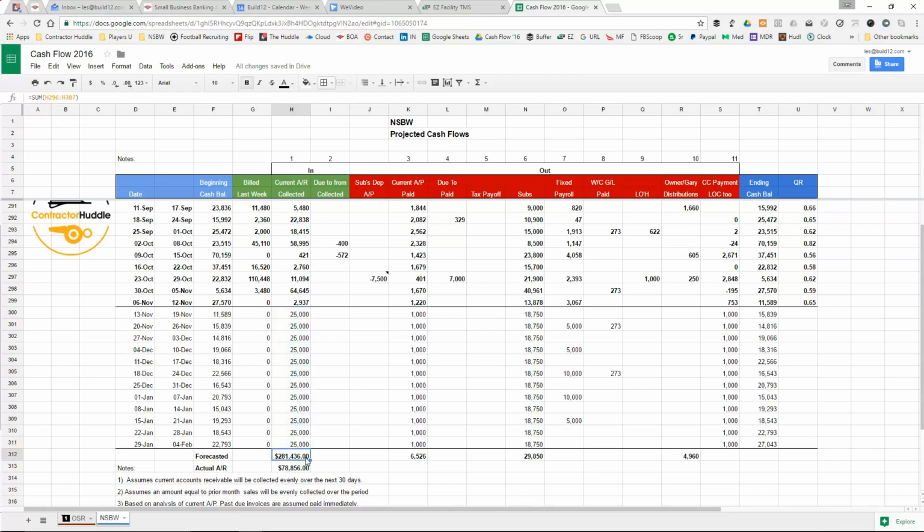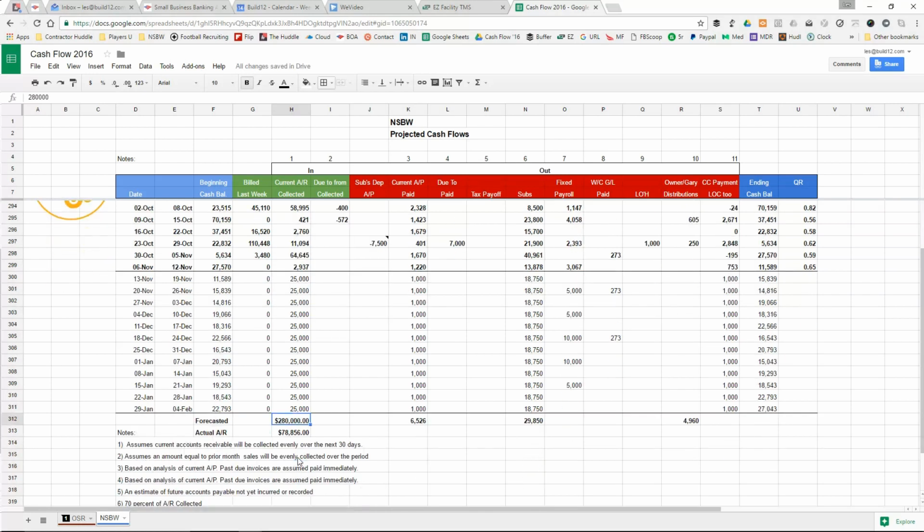So since I have 200,000 in backlog, my forecasted is 270. Let's rough it up. This doesn't have to be super accurate because this is forecasted. So I'm just going to rough it up. Over the next 12 weeks, I should be collecting 280,000.